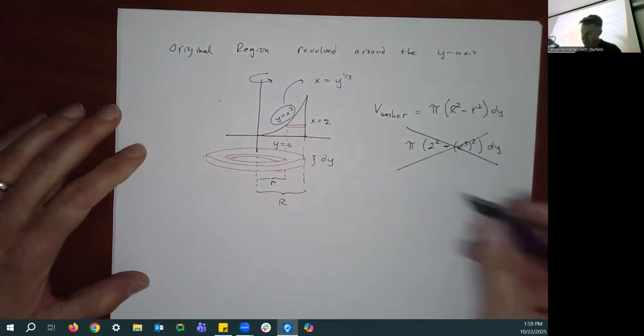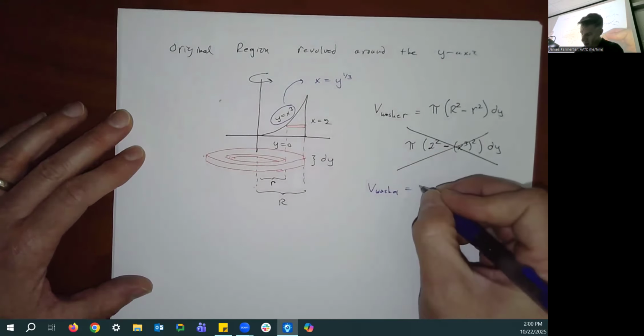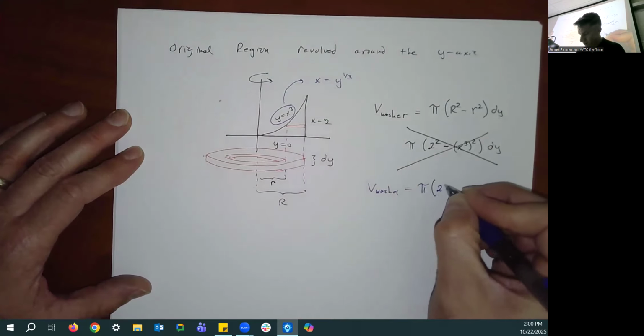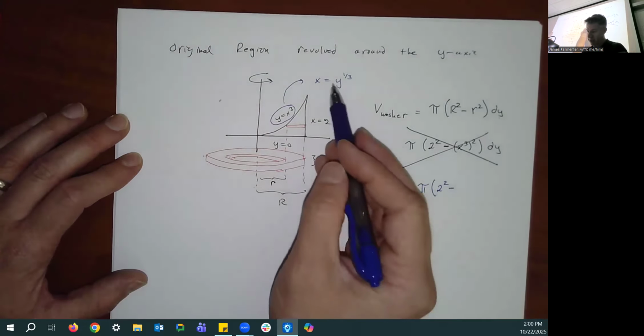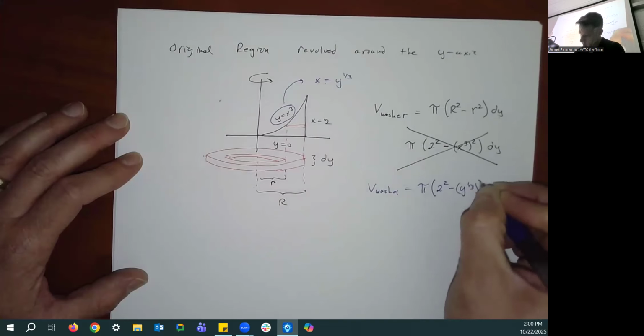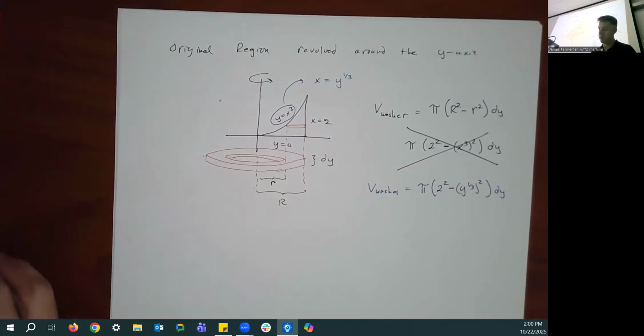So then the actual volume of our washer is going to be pi times your big radius squared, which is x equal to 2, minus your small radius squared, which is x equal to y to the 1/3, squared, dy. That's the volume of that washer.